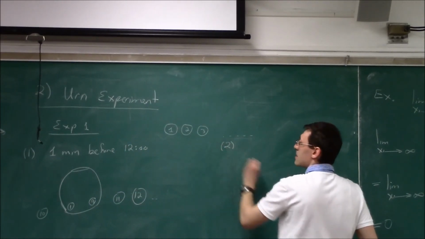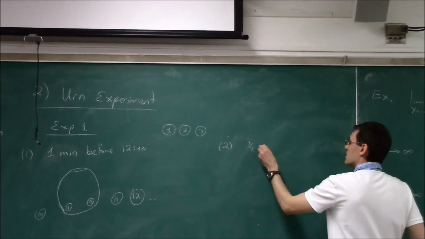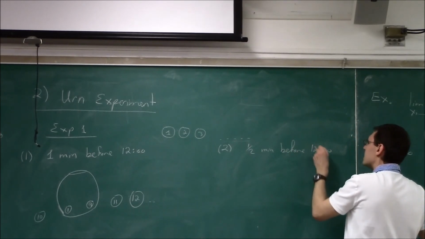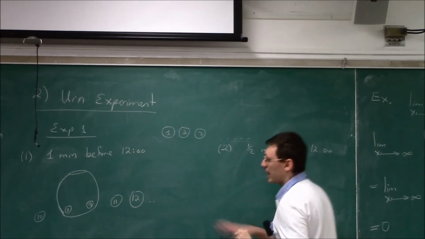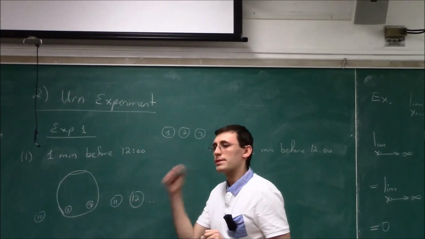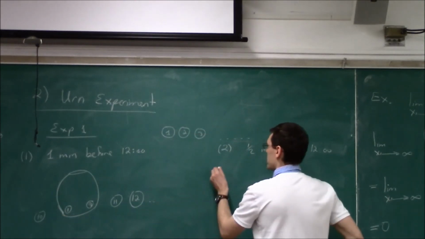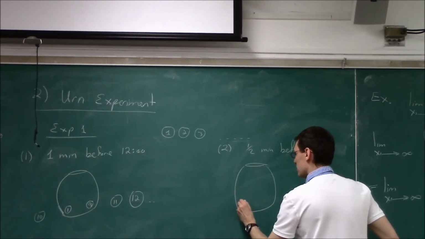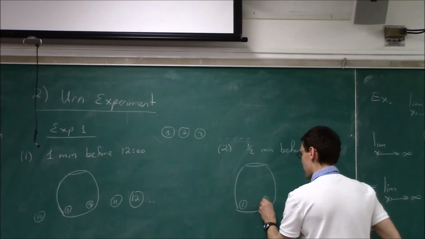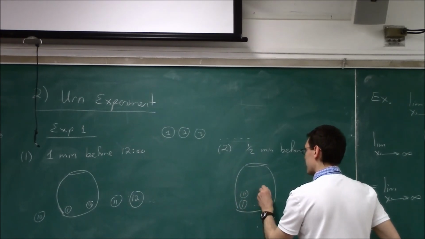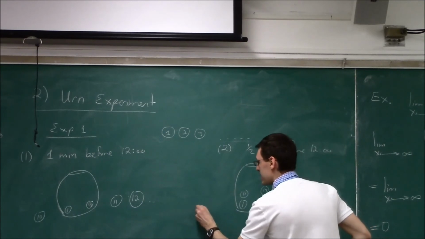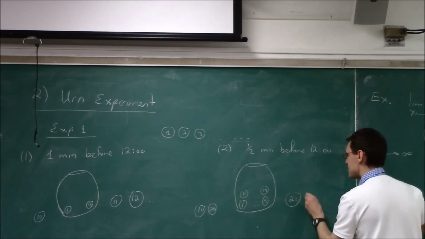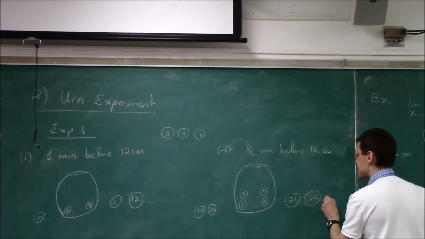Procedure 2: 1/2 minute before 12, you're going to place the next batch of 10, and the ball whose number is 20, you're going to take out. So the picture that you will have is balls 1 through 9, 11 through 19, with 10 out, 20 out, and here you see 21, 22, and so forth.